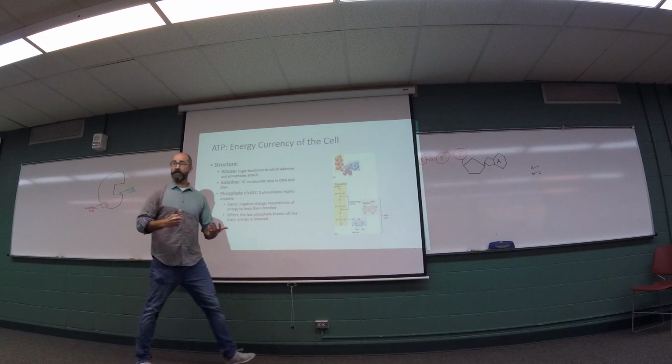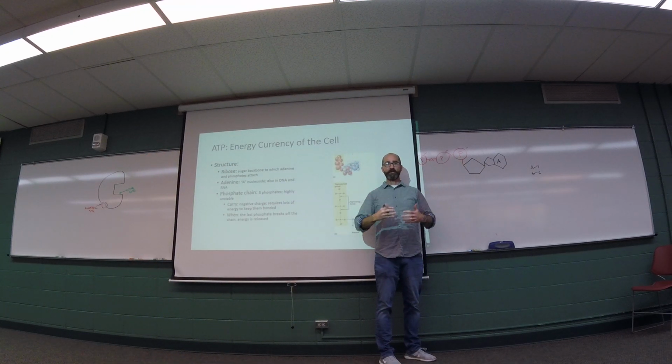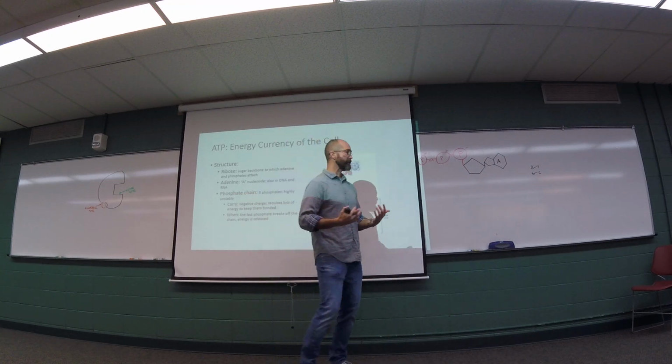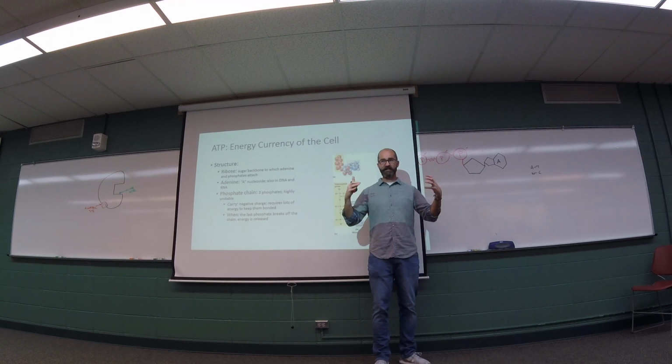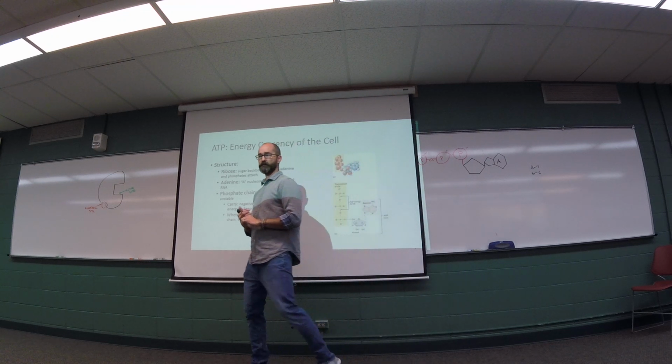So what we've done is we've taken 3 negative charges and stuck them all together with covalent bonds, which makes this incredibly unstable. And that last bond particularly is super high energy. The way that we store energy in ATP, basically, is with that last bond. We have to invest a bunch of energy just to stick those phosphates together. And once that bond is broken, a ton of energy is released.